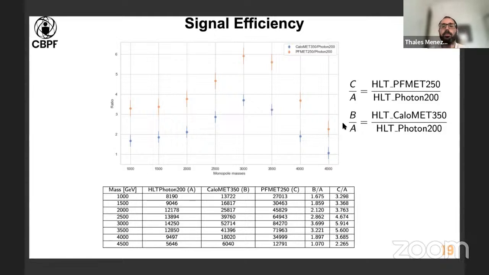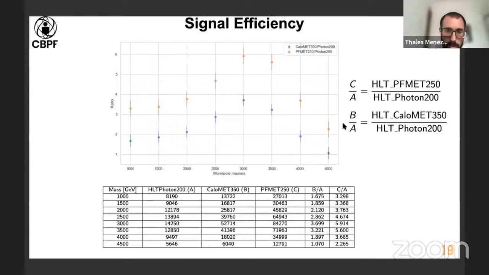On the right side of the table, the ratio between the first match trigger and the single photon trigger, and the second match trigger and the single photon trigger. And on the plot, you can see how this ratio behaves for the different mass points. Especially for the particle flow match trigger, this ratio is consistently above 3.